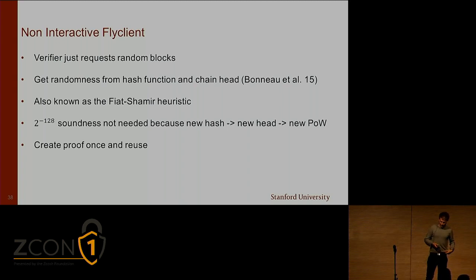And it turns out that we can actually optimize the soundness a little bit, because creating a chain head is already difficult, since I need to solve a proof of work for it. But the nice thing is right now a prover can just create this one full node, one nice full node, can create this Flyclient proof, write it down, and send it to the whole world, and people can forward it, and everybody can verify it.